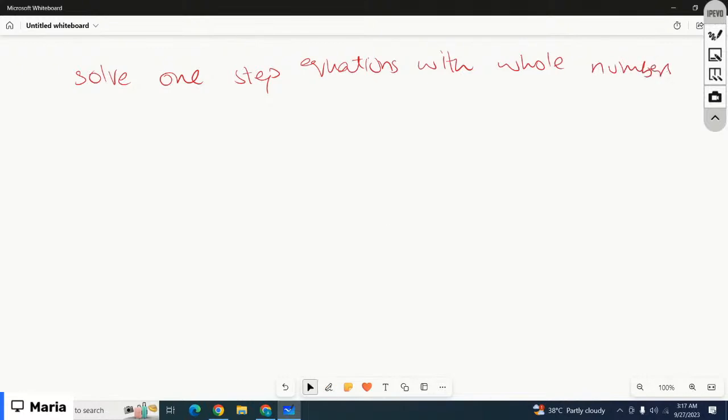The lesson name is solve one-step equations with whole numbers. Okay, let's just start with examples.